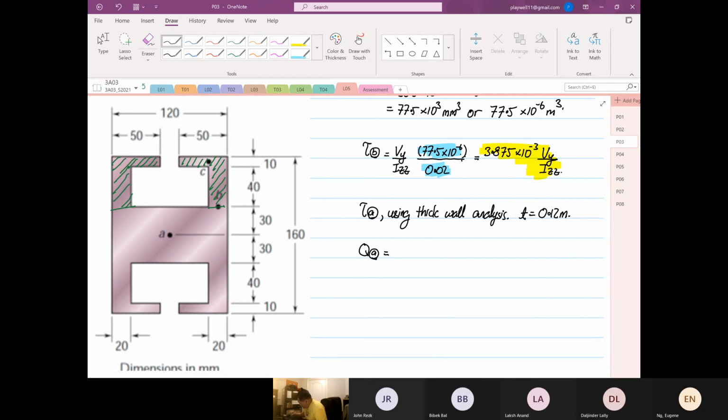So this is equal to twice the first moment of area of point B, because at point B it is a wide flange analysis, so we just use the right hand side. But now it's a thick wall analysis, so you have to consider the entire area above the centroid. So this is above the centroid, and this is our centroid.